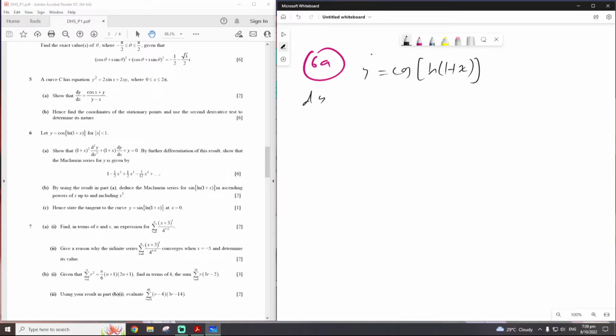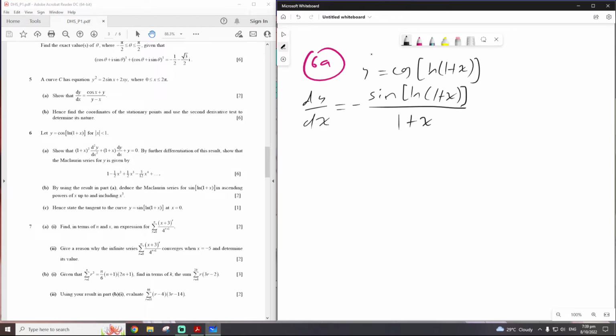So dy/dx: when you differentiate cosine, you get the derivative of the inside, times negative sine. So you get negative sin(ln(1 + x)) divided by 1 + x.